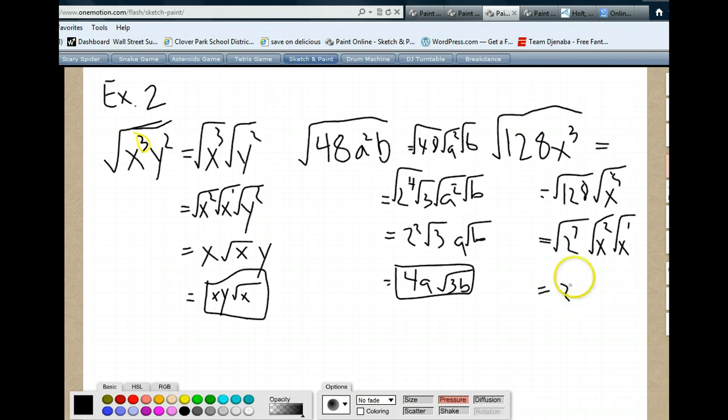So I want to change 2 to the 7th to 2 to the 6th and 2 to the 1st. Remember, I do not like odd exponents when I'm dealing with simplifying these expressions. So 2 and x to the 1st, and everybody gets a radical symbol.